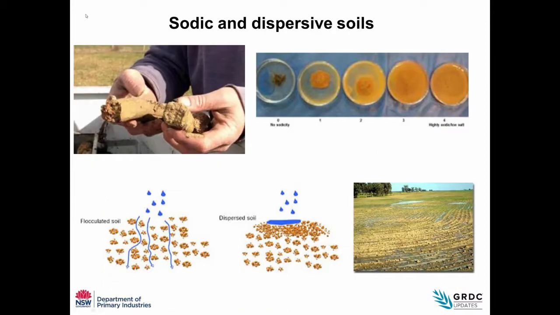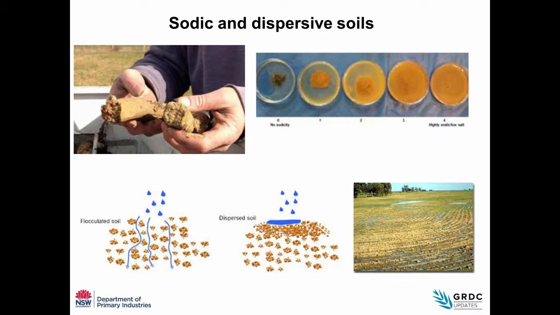In a typical sodic and dispersive soil, one of the issues that we have is that the soil clay disperses, and when we have dispersion because of high sodium concentration, the structure of the soil doesn't allow the water to penetrate into the subsoil, and you have waterlogging.